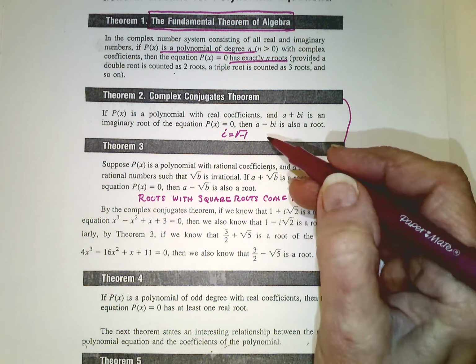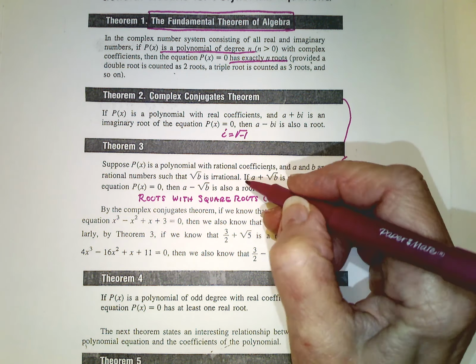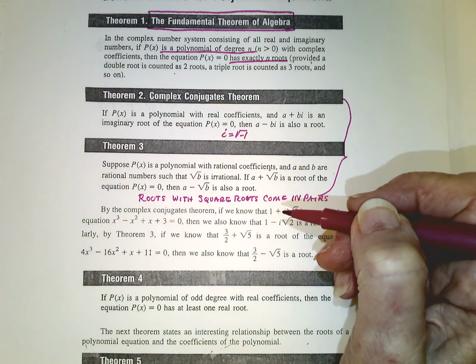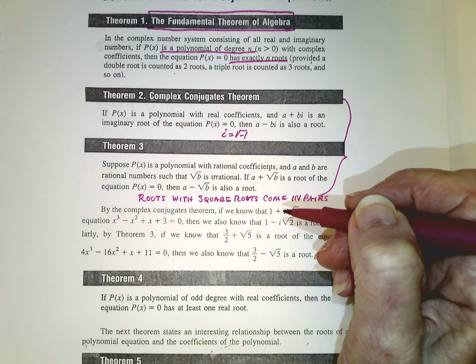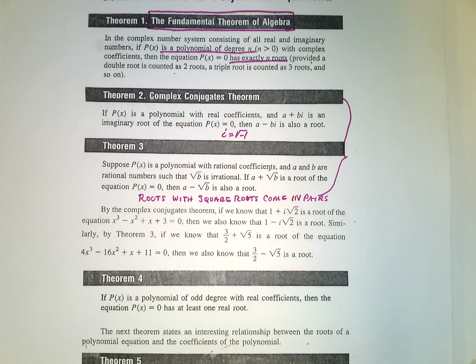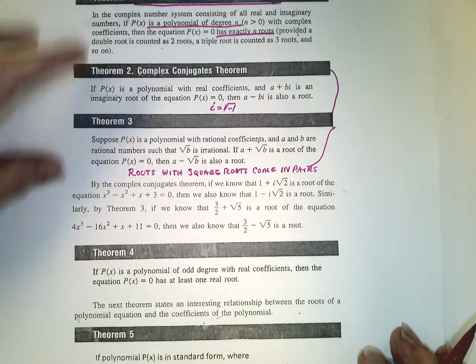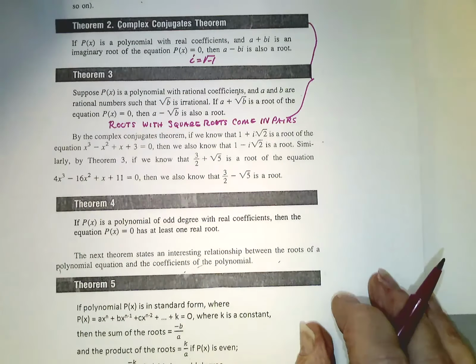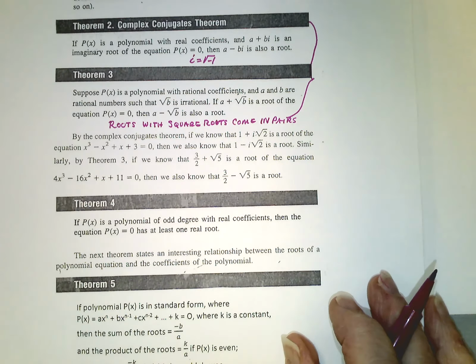It's just saying that if it's got a square root in it, it can't be simplified, then they're going to be pairs. You're going to have these conjugate pairs. Which means if you know one root, automatically you know the other root. It's going to make it faster to solve things.